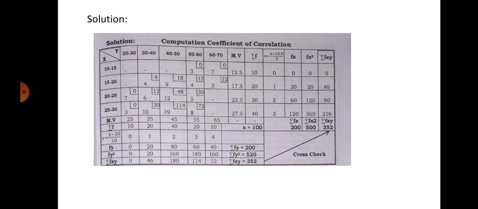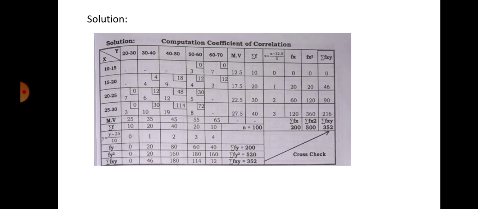So the first value is 12.5 minus 12.5, which is 0, by 5 is 0. Next, 17.5 minus 12.5 is 5, 5 by 5 is 1. Next, 22.5 minus 12.5 is 10, by 5 is 2. Next, 27.5 minus 12.5 is 15, by 5 is 3.